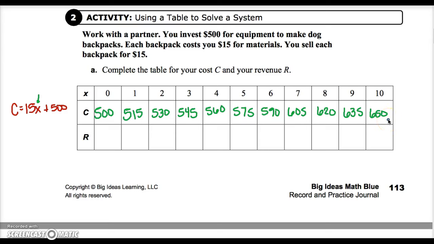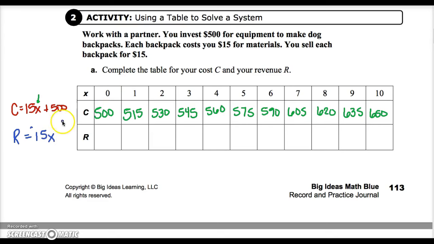Now, the R is the revenue. How much are you making off of each backpack? Well, it told us you sell each backpack for $15. So the revenue is going to be $15 times x. So 15 times however many backpacks that you sell. So again, I'll just take each one of these numbers and plug it in for x.